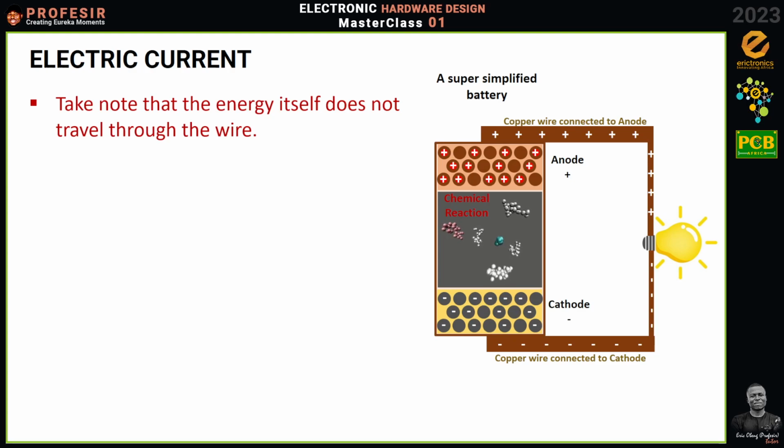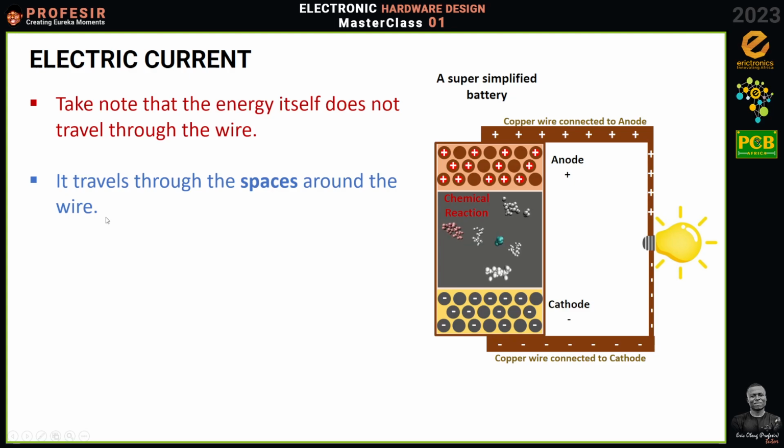It directs the energy where it should pass, but the energy itself doesn't flow through the wire. In fact, the movement of the electrons is a secondary effect, which depends on the fact that the energy is moving. So now the question is, where does the energy move from and how does the energy move?